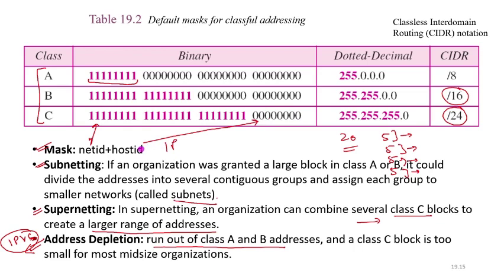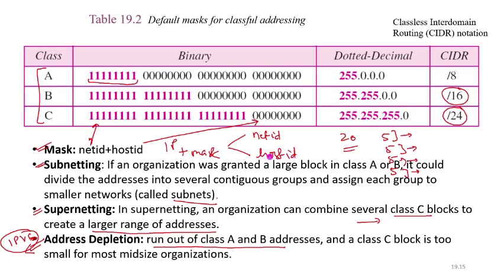How do we find out the host ID and the net ID? We use the IP address, whatever it is, plus the mask. With the help of the IP address and the mask address, we can find out the net ID and the host ID.